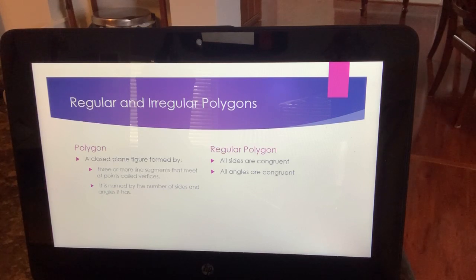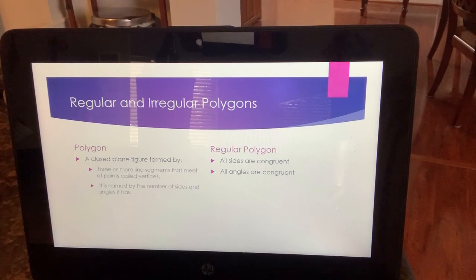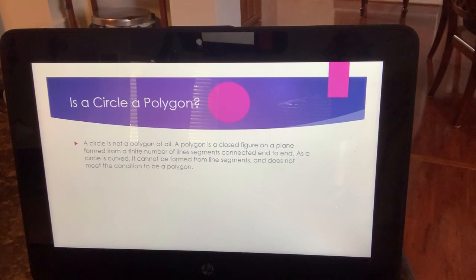And those points are called vertices. The polygons are named by the number of sides and angles that it has. And I'll show you later how that works. For it to be a regular polygon, all sides have to be congruent and all angles have to be congruent.